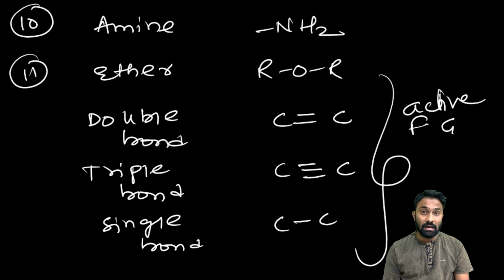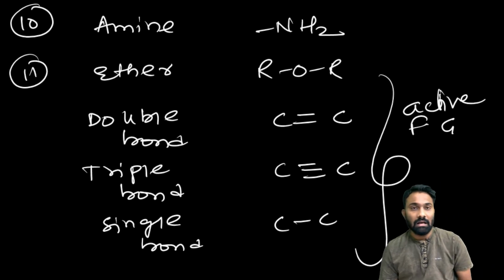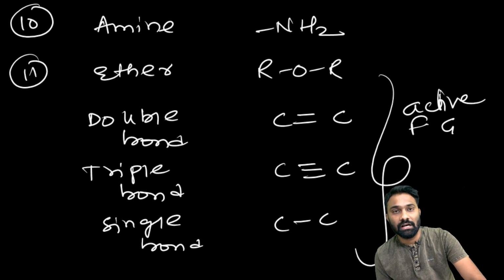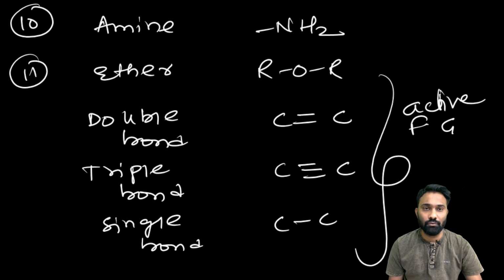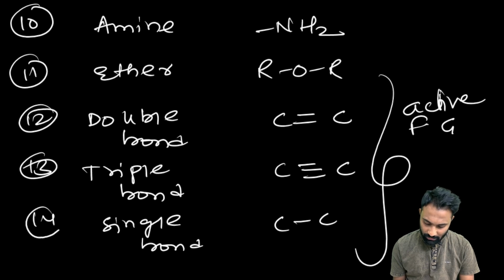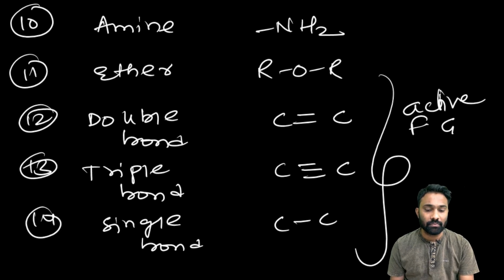Carboxylic acid, aldehyde, ketone, ester, acid halide, acid amide, and the acetic anhydride we have seen are the active functional groups, but the double bond, triple bond and ether are not active functional groups. Clear?